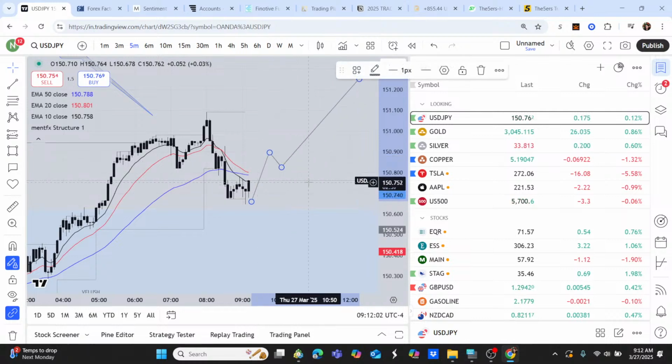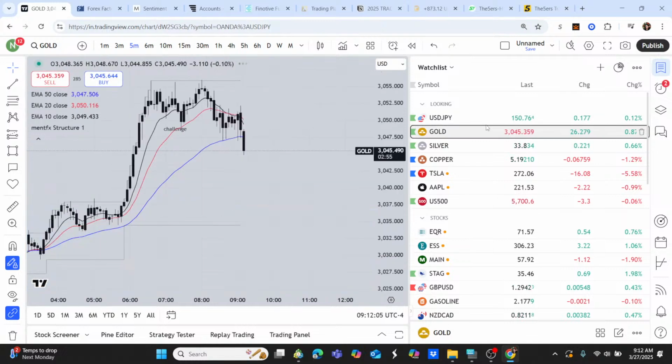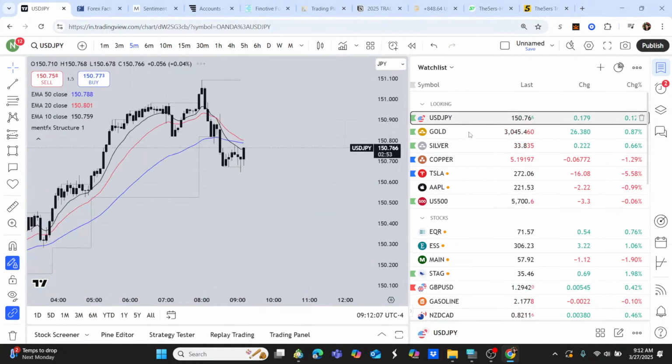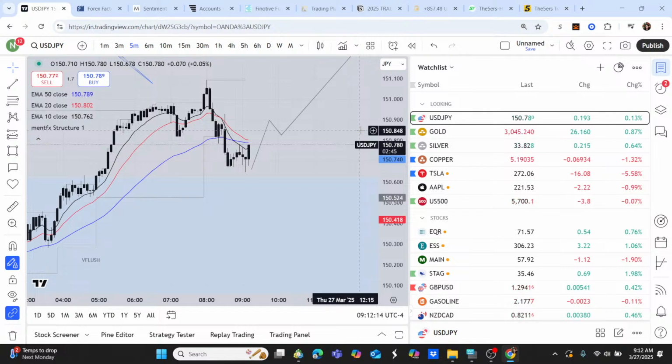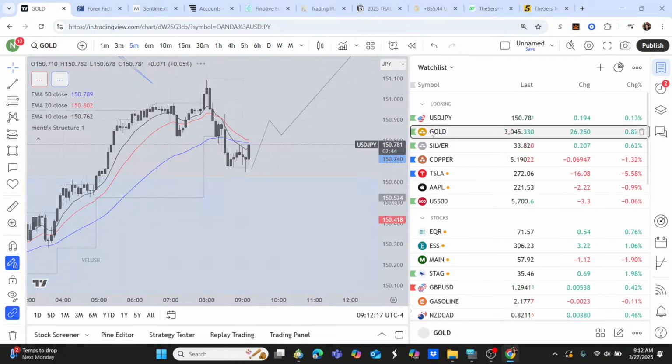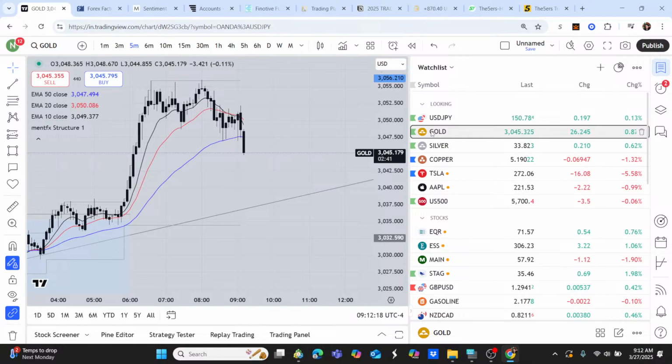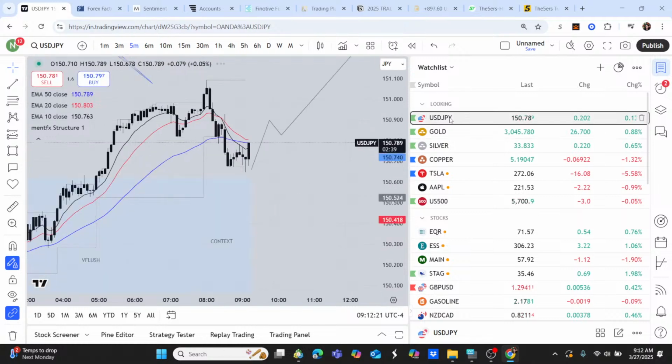Yeah, USD JPY looks like it can set up first. It's eyeing both. Yeah, I like that move. I'm just flipping through it to see which one.